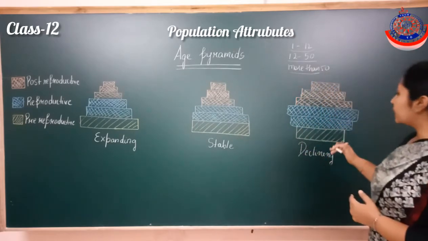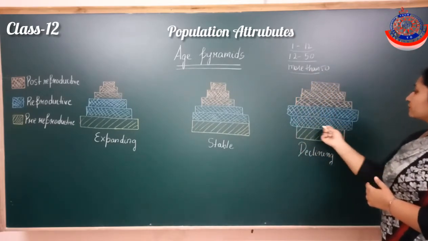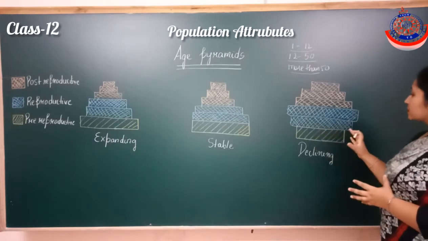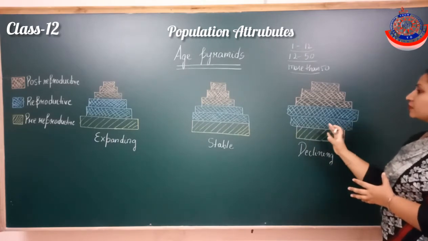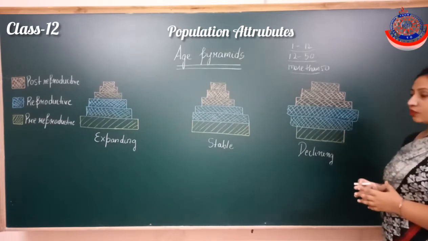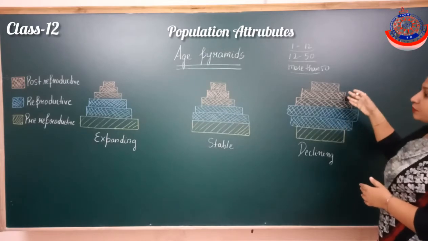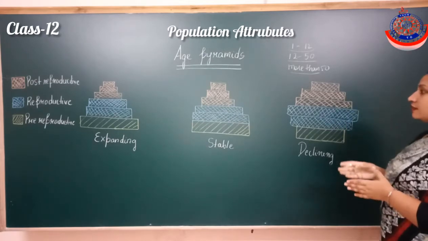Now next is declining. In case of declining, if you see, the population of the pre-reproductive age group people is less, and the reproductive ones are more, and the post-reproductive ones are less.